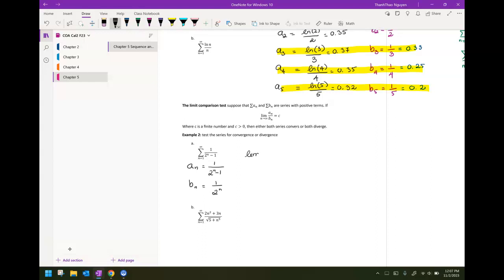The limit as n approaches infinity of 1 divided by 2 to the n minus 1, divided by 1 over 2 to the n, is the limit of 1 divided by 2 to the n minus 1 times 2 to the n.